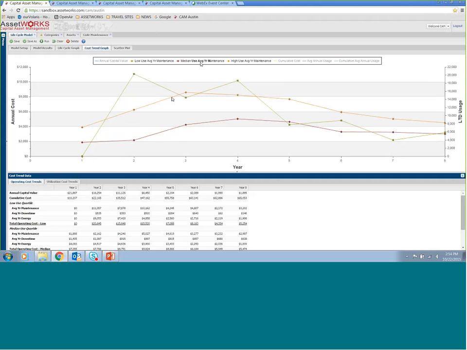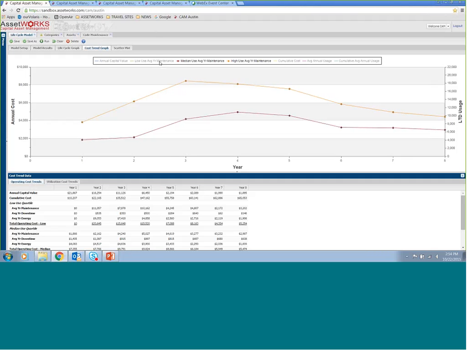But if we take that out and just compare our median and our high, we'll actually see that the high-use vehicles do have a much higher maintenance cost as compared to the median middle use and standard. So we do see things going up and then dropping off, and they are dropping off rather precipitously in the latter years.